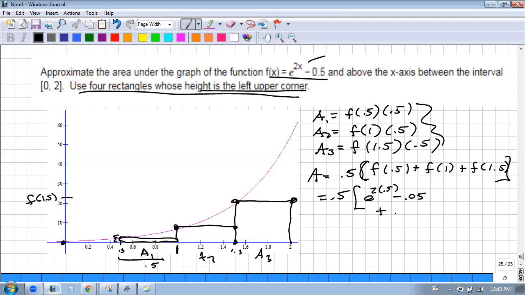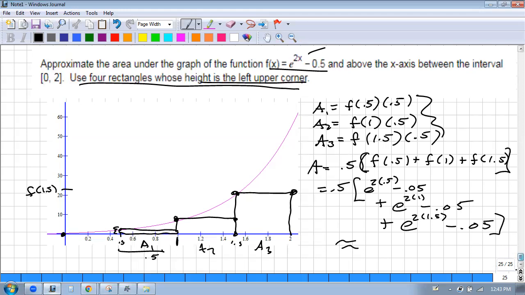Then we add to that e to the 2 times 1 minus 0.05. And then e to the 2 times 1.5 minus 0.05. Put all those in your calculator and add it up, and you're going to get an answer. That's what they're wanting you to do here. Does that make sense? Yeah? Okay.